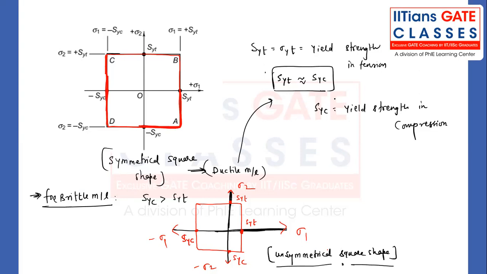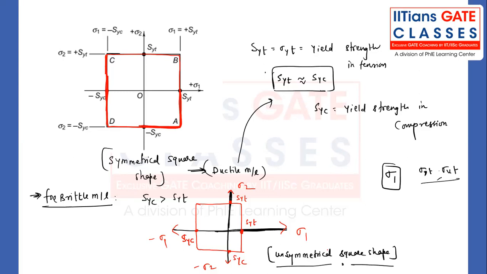This particular theory of failure is not that suitable for ductile material, because it considers only sigma 1, right? And they are talking in terms of only sigma YT and sigma UT. But generally ductile materials are very strong in tension and very weak in shear.